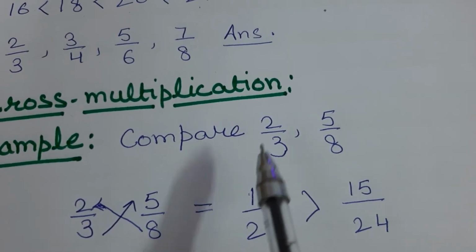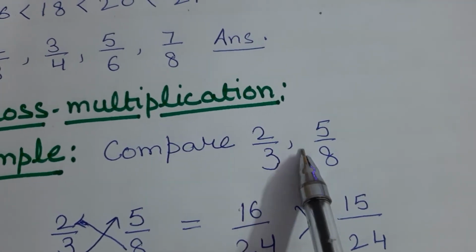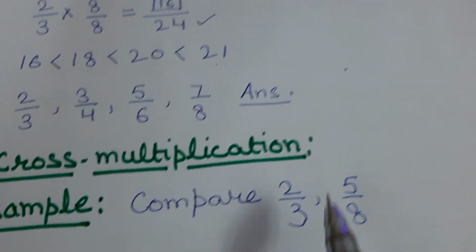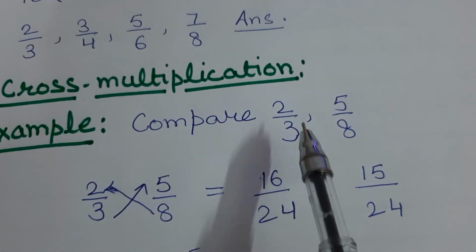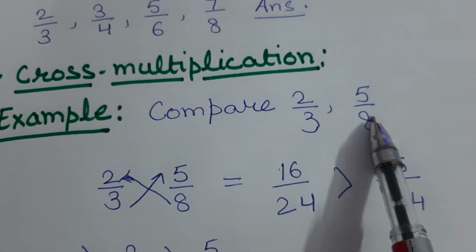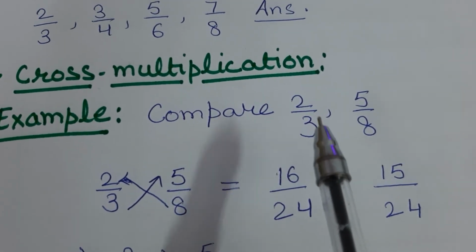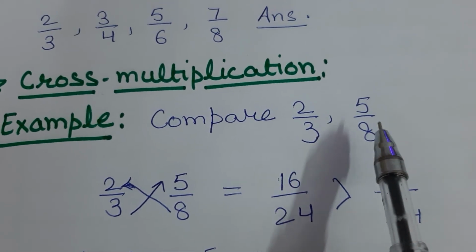So here no need to take LCM, but if you want to take, you can do that with this method only. But if you want to avoid this method, then you can solve this sum by cross multiplication. But keep it in your mind, it is possible only when two fractions are given, not more than two.